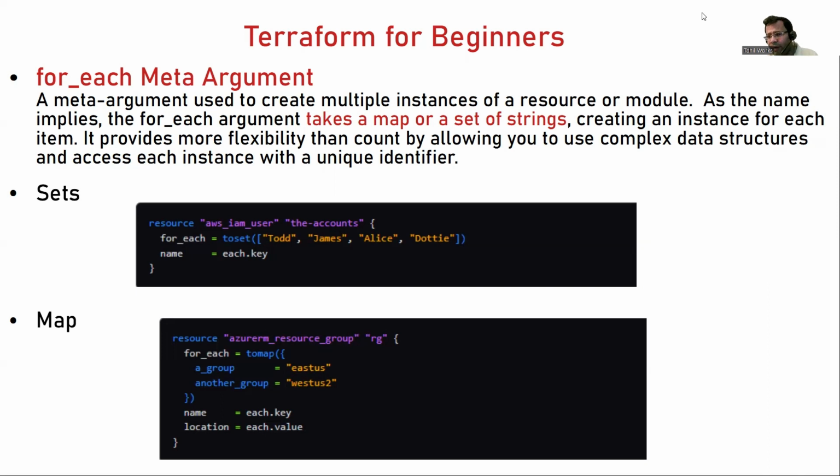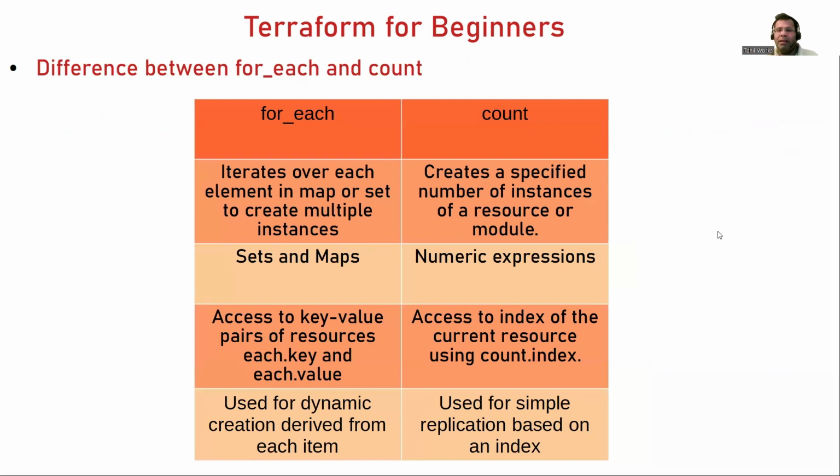And one difference between count and for_each is that for_each doesn't use a list, but there is a way to convert a list to a set and use that, which we will be seeing in our demo session. Before that, let's get into some differences between for_each and count.